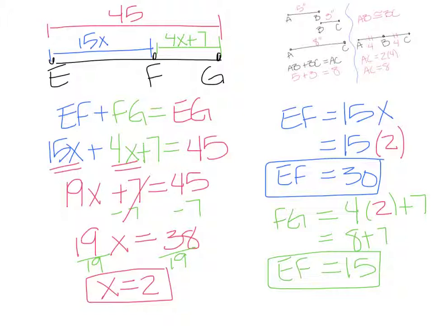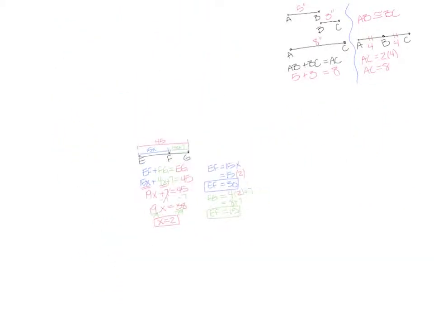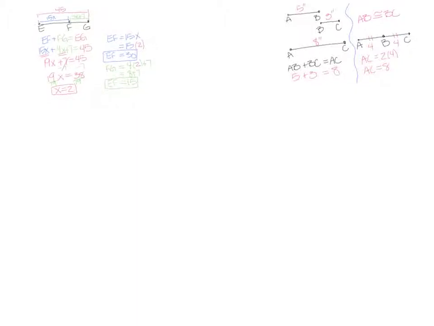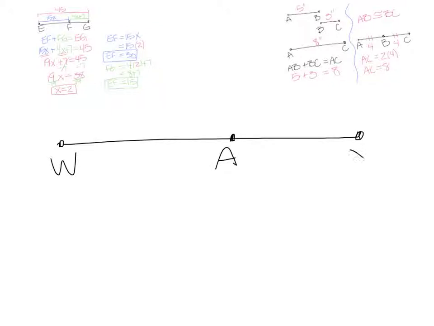So let's look at an example of the midpoint idea. Okay, so now we're going to be working with a midpoint. So here's our diagram. We have W, A, and X. And we know that A is the midpoint, so we know that WA is exactly the same length as AX.